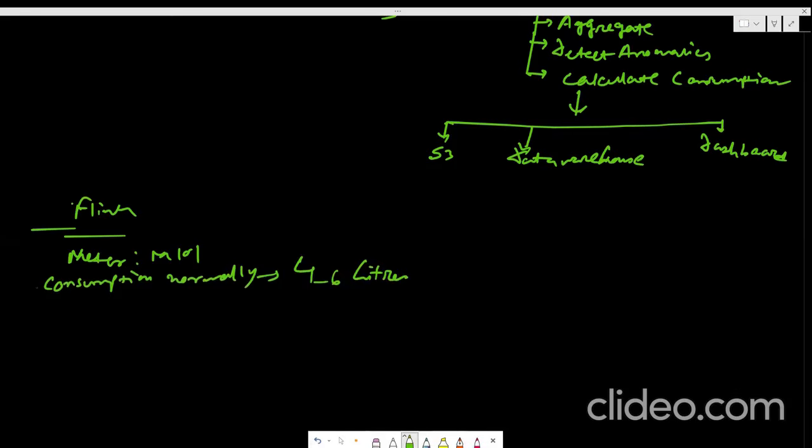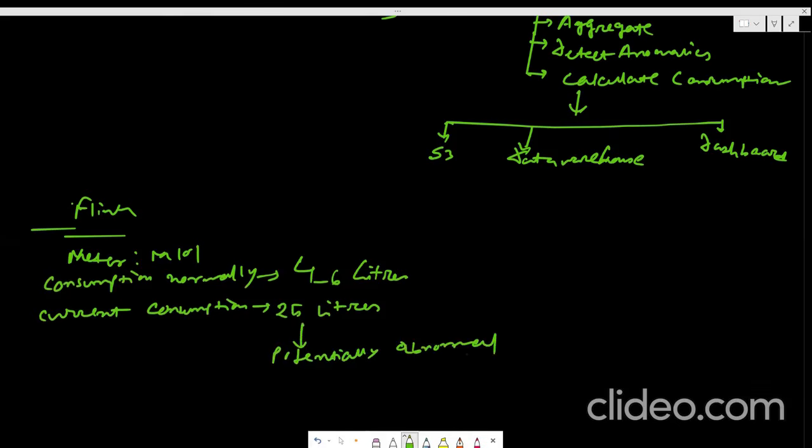Now the current consumption is, suppose, 25 liters. So that is potentially abnormal. There can be some anomaly. So it can generate the alarms.